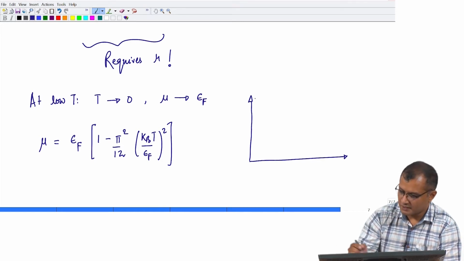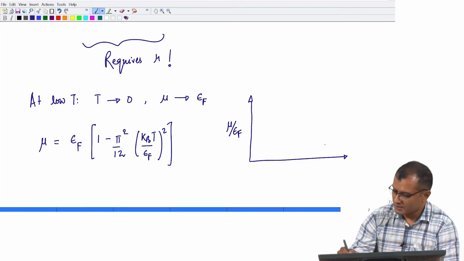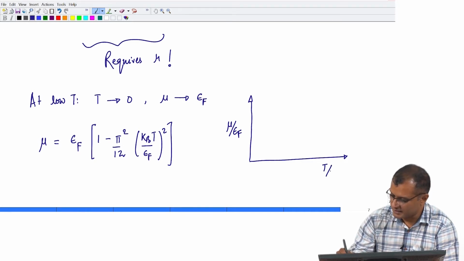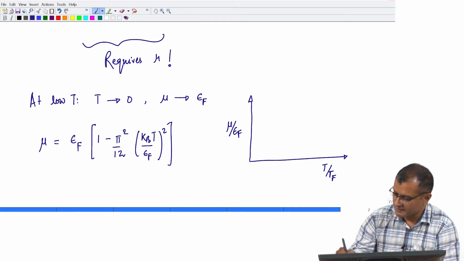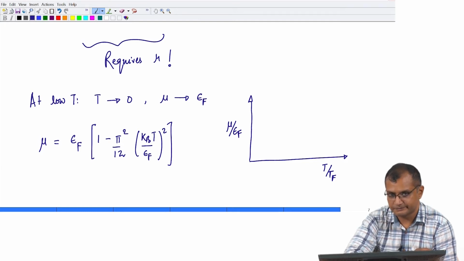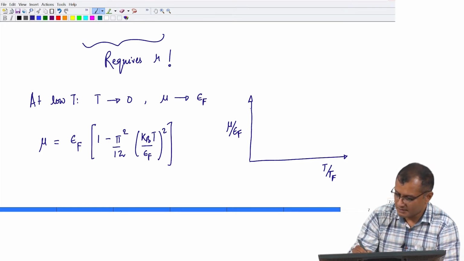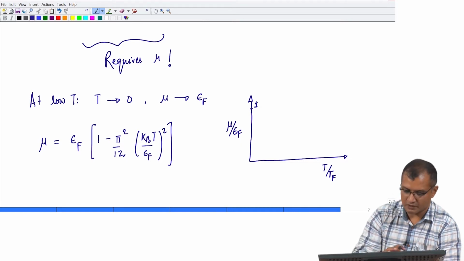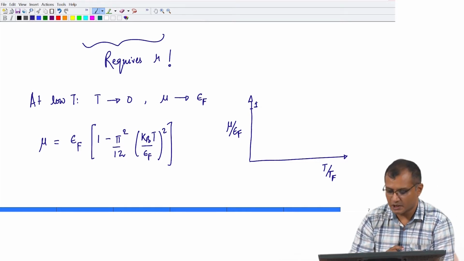So, if I plot the chemical potential over the value at t equal to 0 as a function of t over Tf, because I can take my kBT over EF as t over Tf, then I can start from 1, because that is what the equation would predict at t equal to 0.